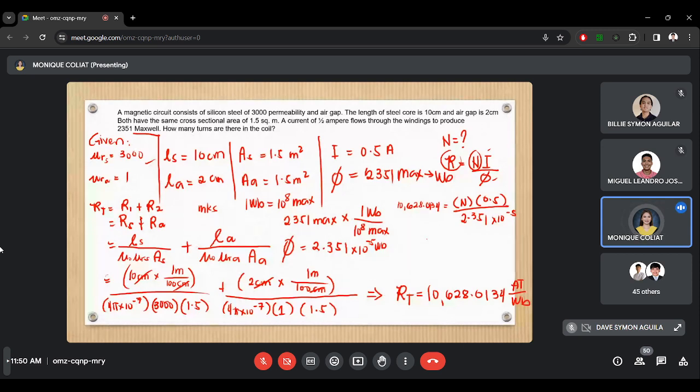So what's the number of turns? Multiply R total on this side, and divide by the current on the other side, so that only N is left on the other side. What is our N?